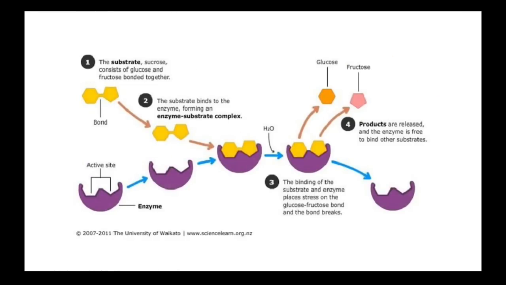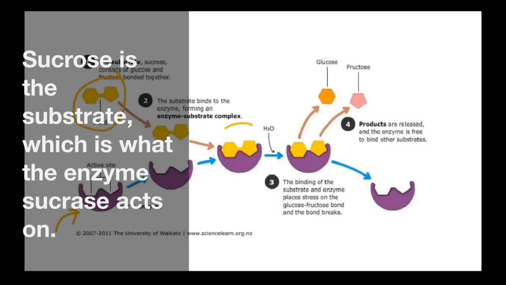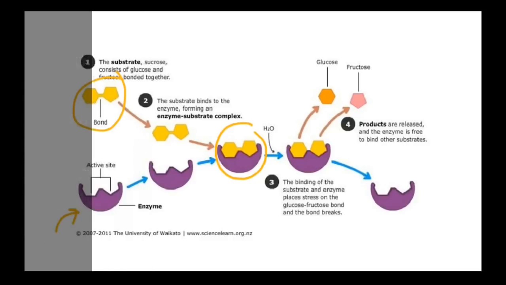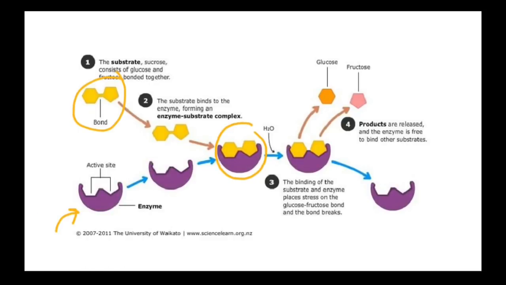So here's a visualization of that sucrose-sucrase reaction we talked about earlier. Right here is the enzyme, the sucrase, and here is the sucrose, the molecule. And so you can see that they bind perfectly together. And so no other molecule would have that exact shape and would be able to bind to that sucrose. This diagram also helps us look at vocabulary that goes along with the enzymes.